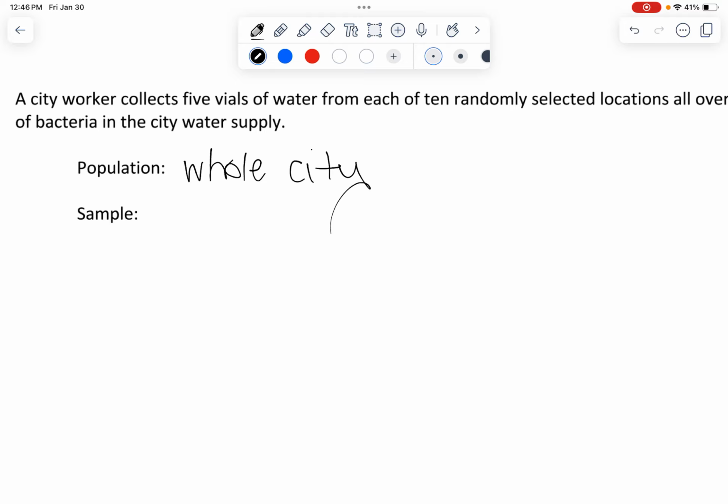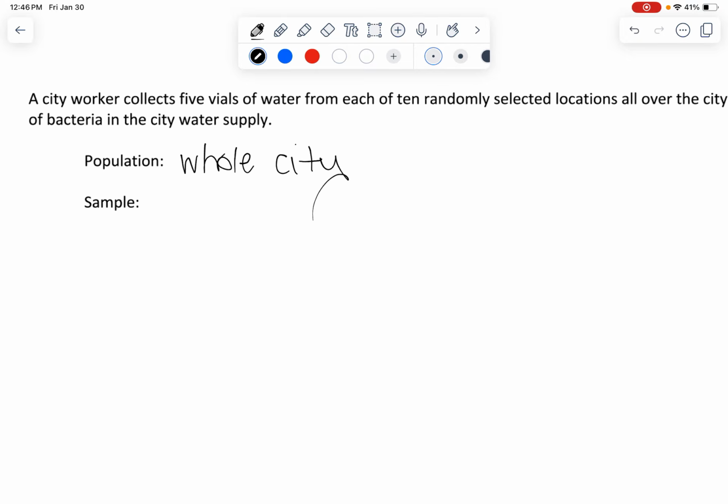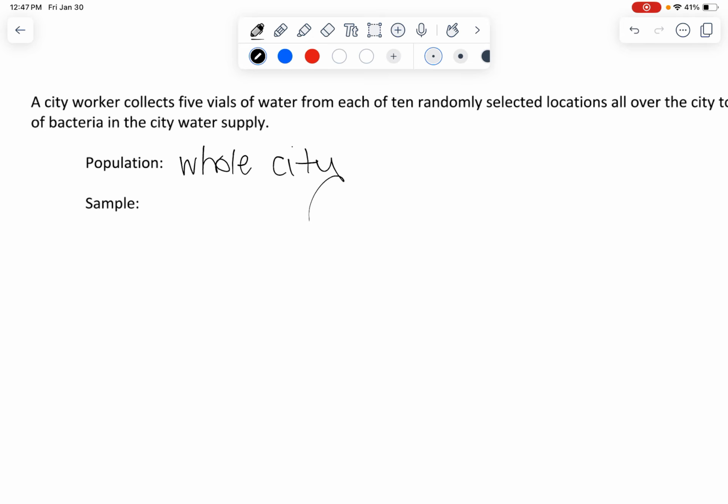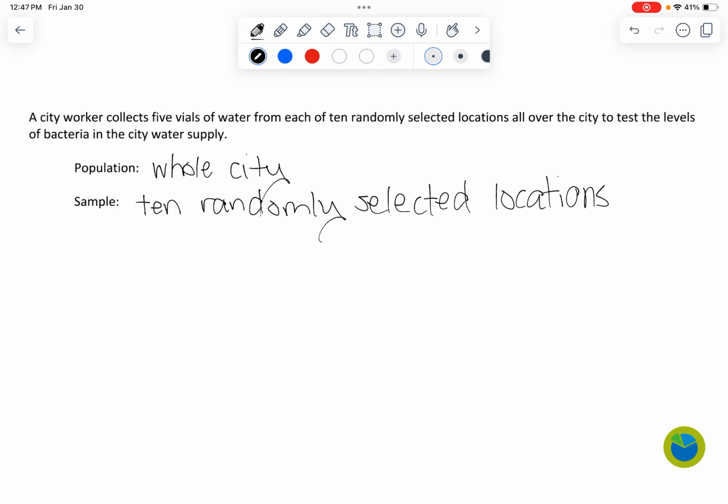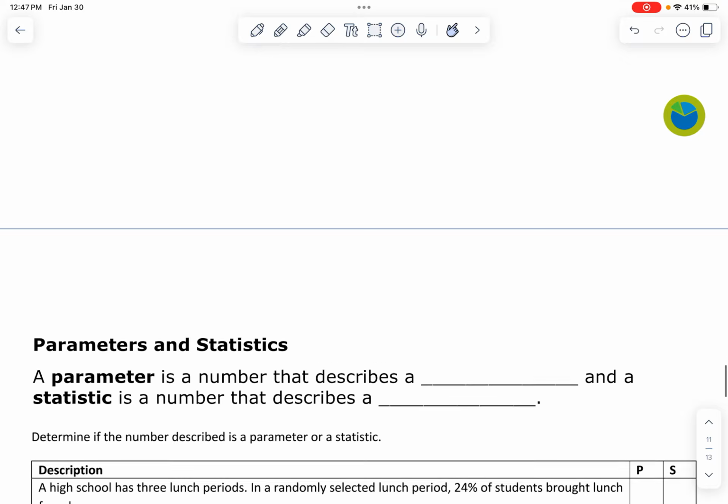And then the sample would be the 10 randomly selected locations. Hopefully the difference between population and sample makes sense.